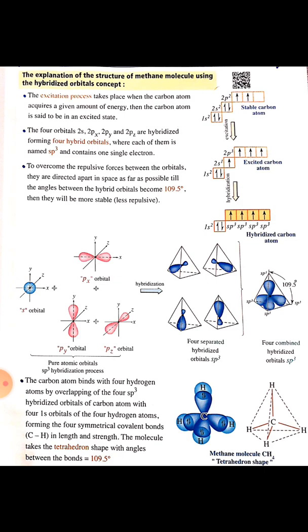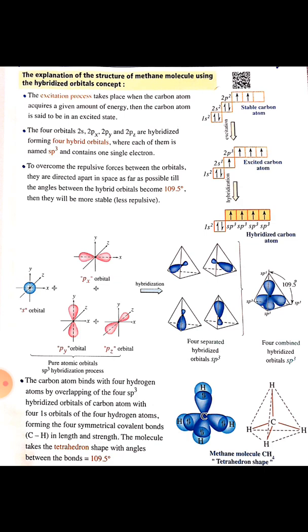After the hybridization, of the type sp3, we get 4 equivalent hybridized orbitals. And to decrease the repulsion force between them, they move apart from each other in space by an angle of 109.5 until they reach the minimum repulsion and the maximum stability.